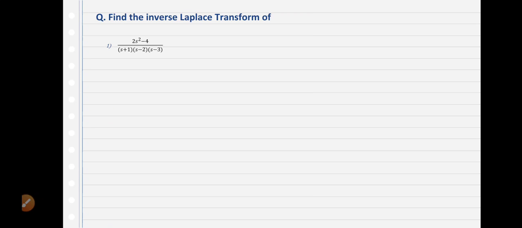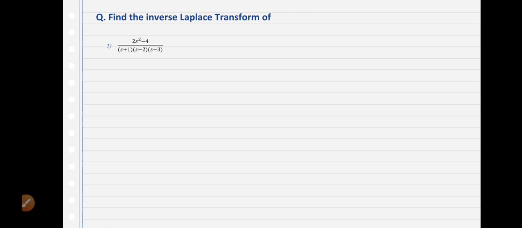Here the degree of numerator is 2 because of the s square term, and the degree of denominator is 3 as there are 3 linear factors in multiplication form. So the degree of numerator is less than that of denominator, and hence we can apply the method of partial fractions to find the inverse Laplace transform of this function.